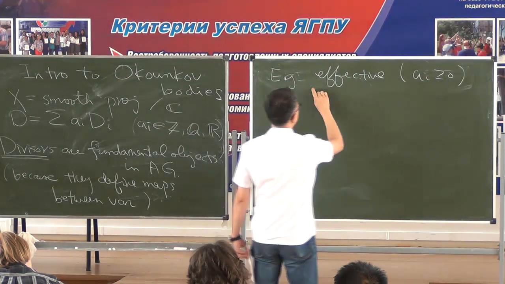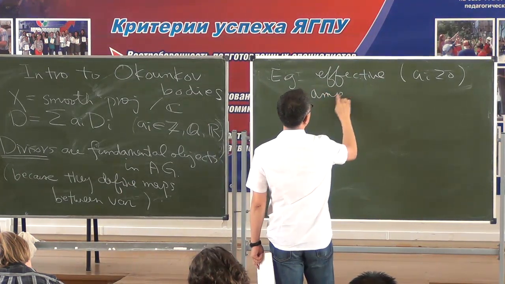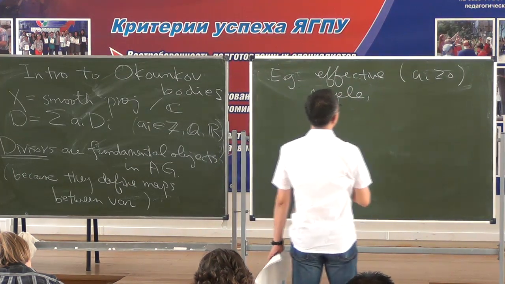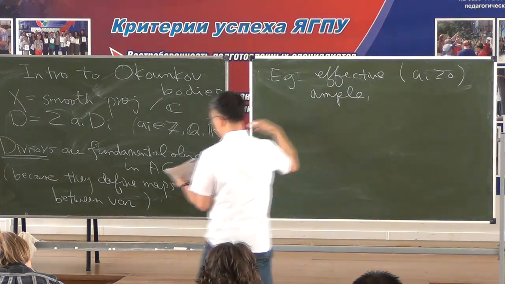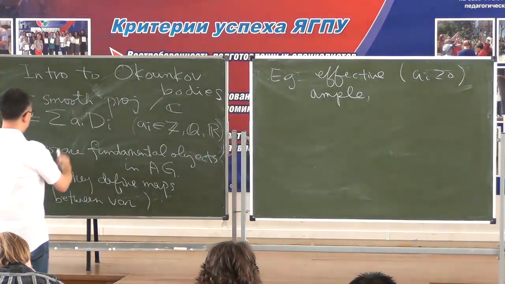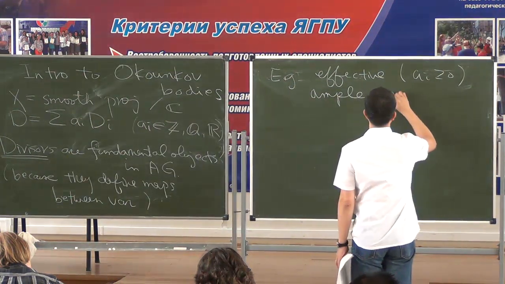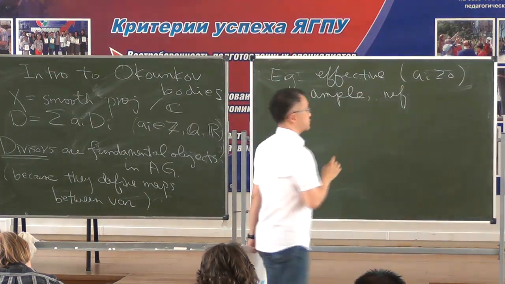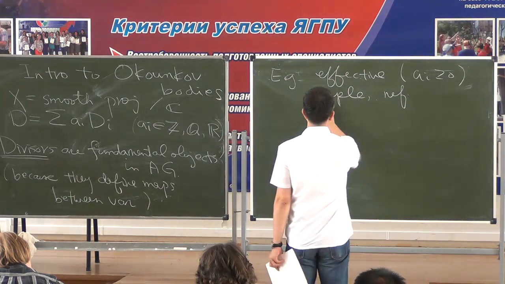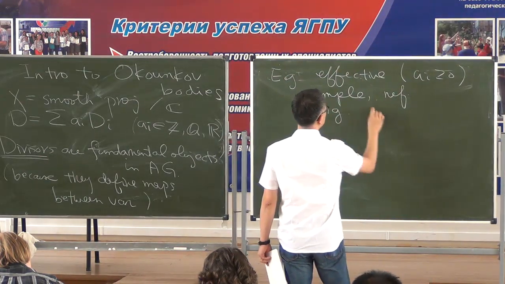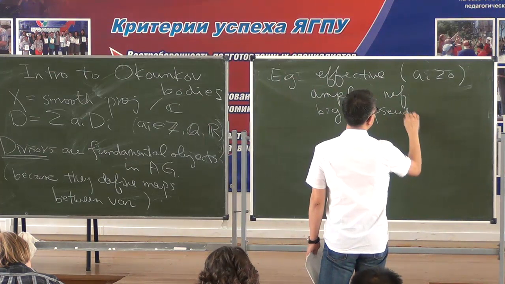Okay, and ample. I will not define all of these, but when the linear system of some large multiple defines an embedding, you see it's ample, and you can also define nef divisors and big divisors, pseudo-effective divisors.